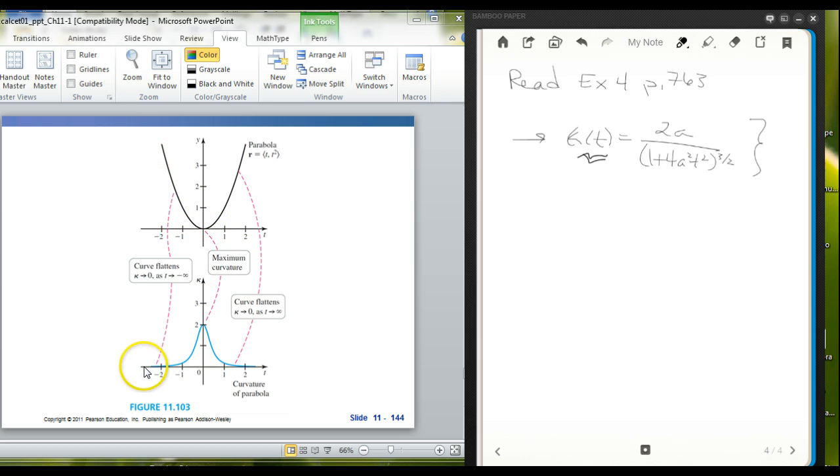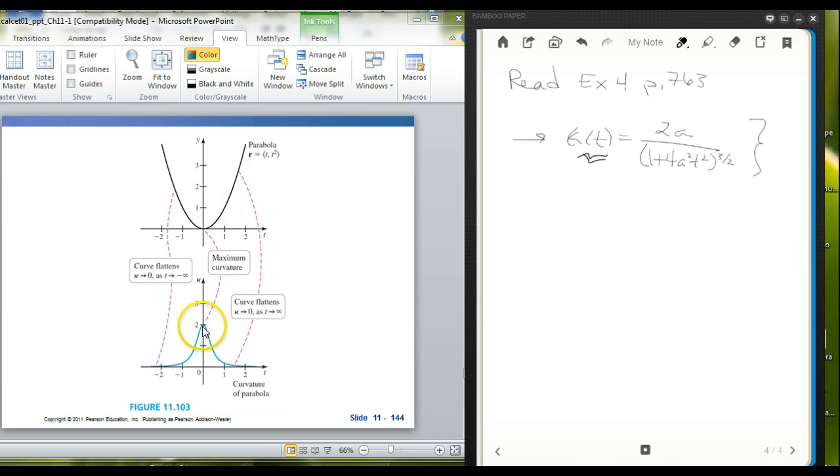So what we're seeing is as t moves from -2 to -1 to 0, the value of the curvature function increases until curvature reaches a maximum where? At the vertex, and that makes sense. That's the most curved part of the parabola, okay? And then after it passes by the vertex of the parabola, it starts to lessen in terms of its curvature and become more linear in this direction, right?